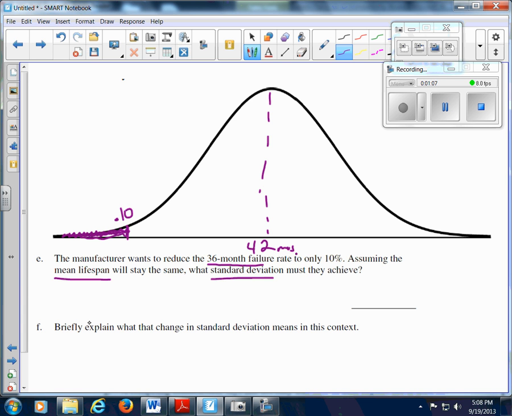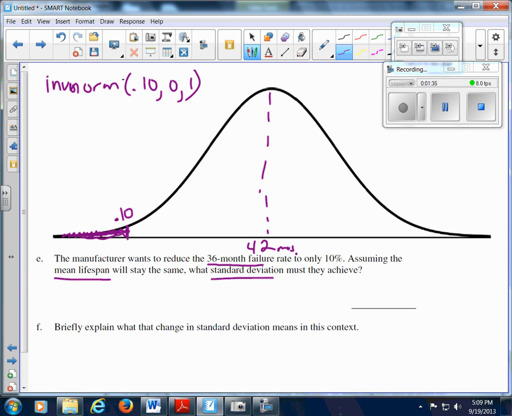All right, so what I have to figure out is what a z-score is for that area. And if I'm given an area of 10%, I'm going to inverse norm on my calculator 10% as 0.10 with a mean of 0, a standard deviation of 1. And what that's going to do is spit out a z-score.